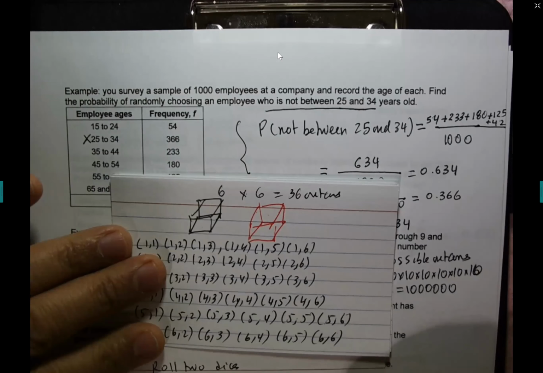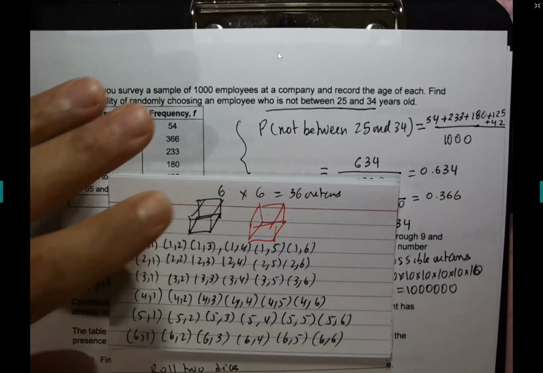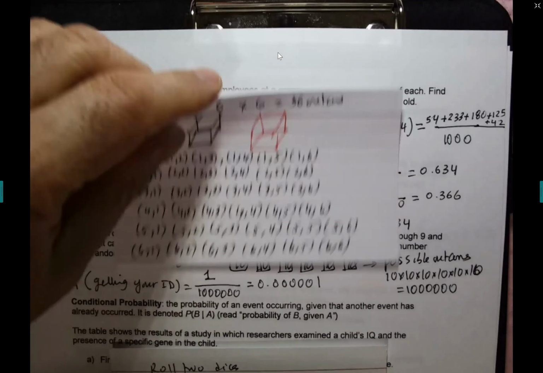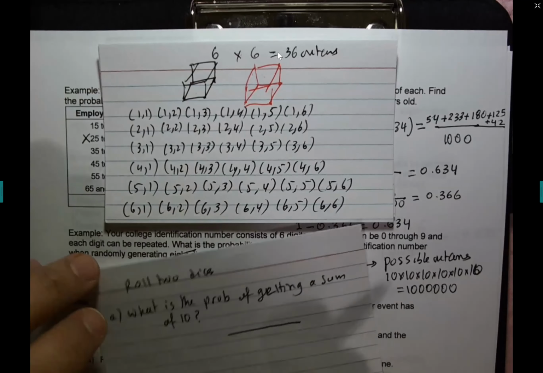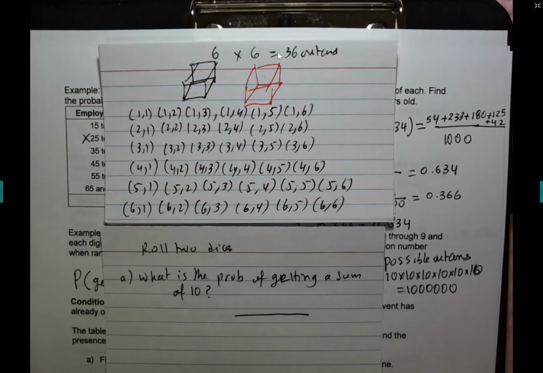Getting a sum of 10. Let me just move this up so you can see it. So what is the probability, guys, of getting a sum of 10?